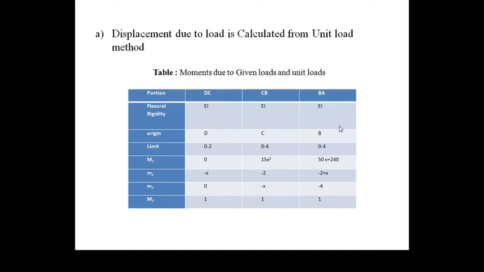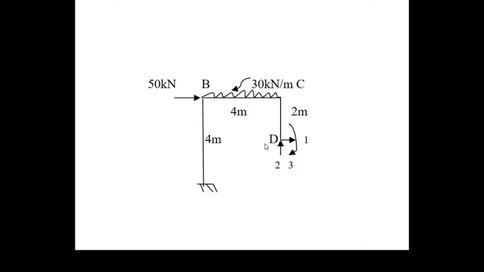The origin for DC is D, for CB the origin is C, and for BA the origin is B. Similarly, the limit for DC is 0 to 2, and for BC and AB it is 0 to 4.